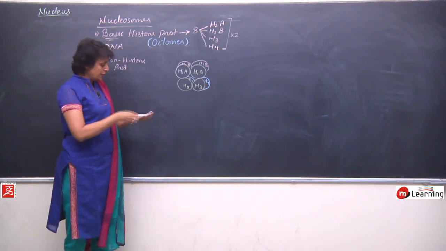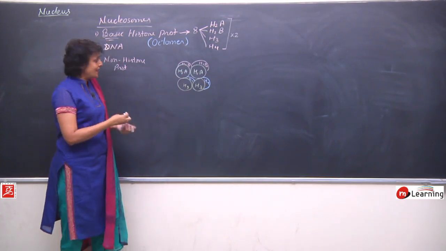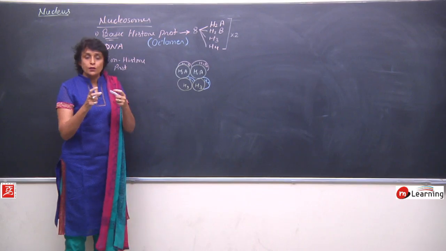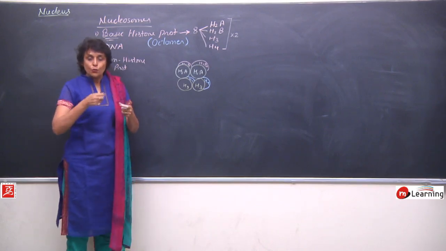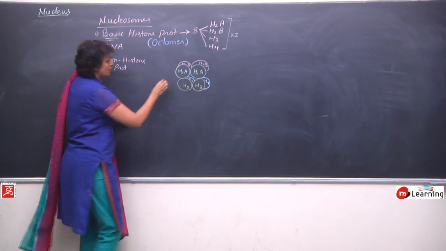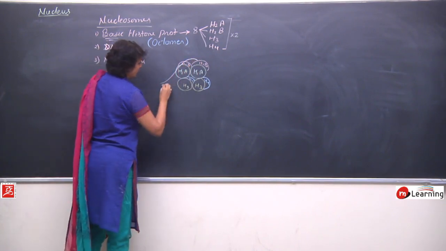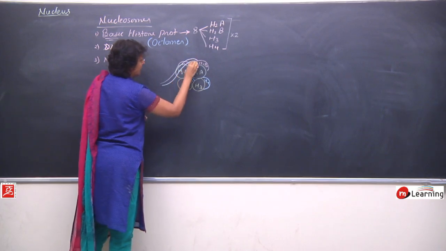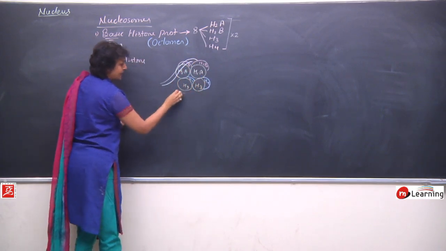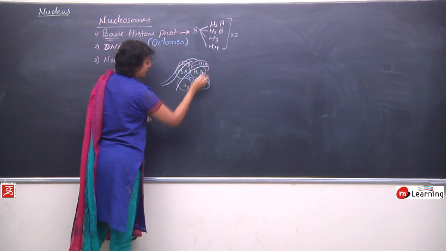Around this octamer is a DNA strand. Imagine there are 8 balls which are to be tied up with one ribbon-like thing. So, there is one DNA strand which goes over this, comes back behind it, again goes over it.